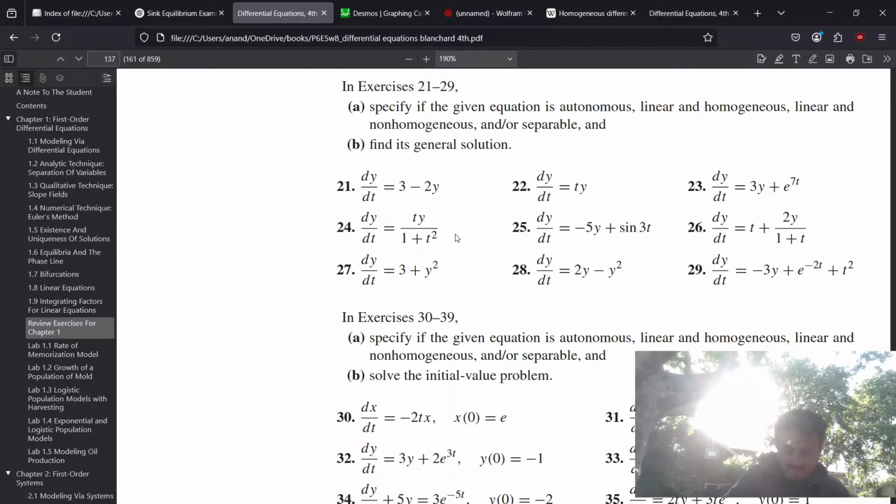So we're going to get ln abs of y is equal to 1/2 ln of 1 plus t squared plus c. We can exponentiate, and we get, how do we do this?